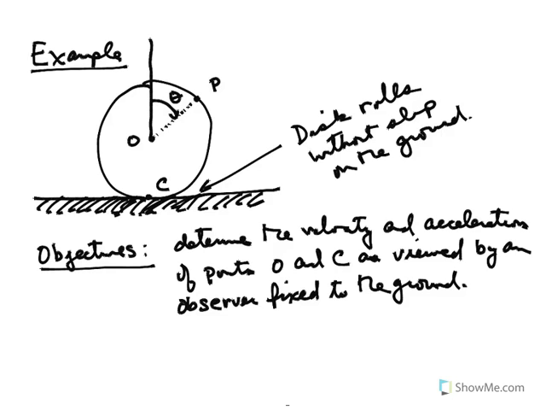So let's look at the setup here. We have one rotation. That's due to the disk, which implies we need two reference frames.